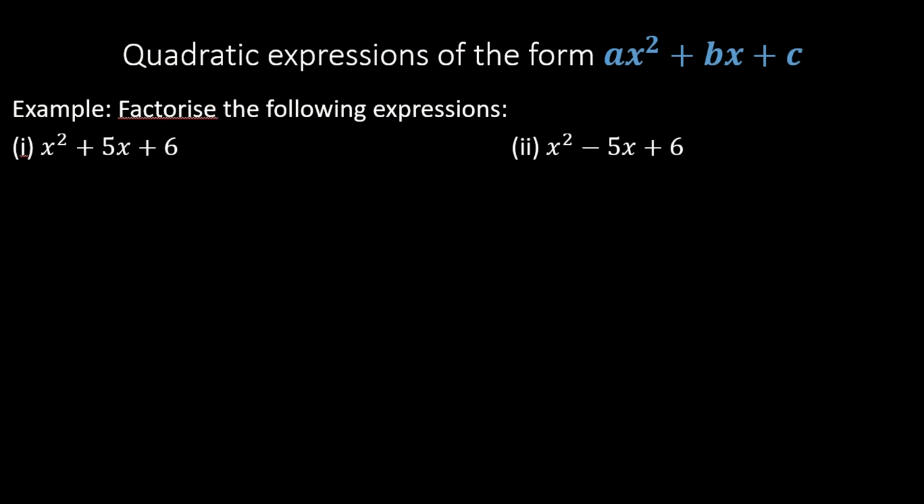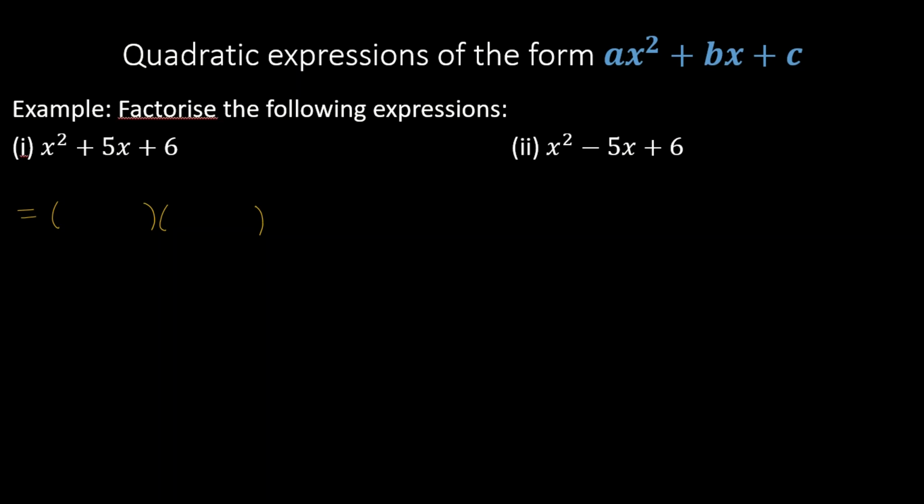Factorize the following expressions. First part, we have x squared plus 5x plus 6. As we are observing, this quadratic expression has how many terms? 3 terms in all, right? So when we factorize a quadratic expression which has 3 terms, we obtain 2 pairs of brackets, right?